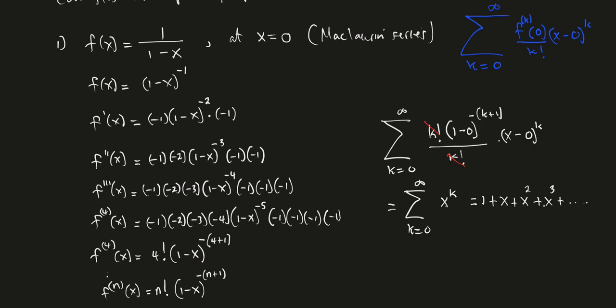And what I have interestingly here is our wonderful geometric series. So this is geometric with first term 1 and common ratio x. So it seems like this function, this pretty simple function, 1 over 1 minus x, has this power series expansion.